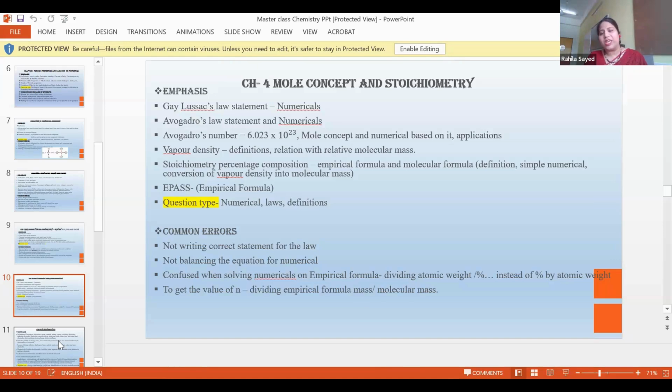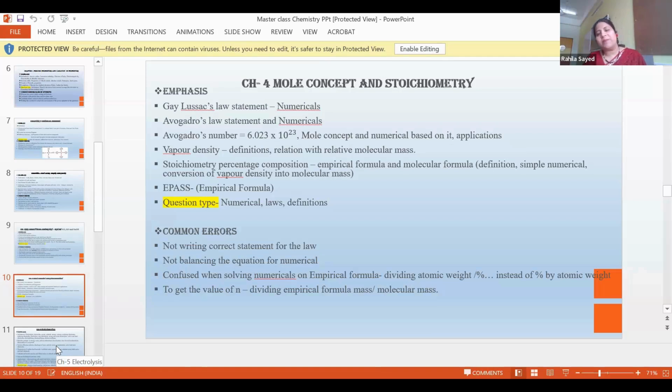E over here stands for the element, P stands for the percentage, A stands for the atomic mass, S is the smallest number, and the second S over here stands for the simplest ratio. So if you make the table in this format and you solve it, it will be very easy for you. Then the question type that is asked from this chapter is basically the numericals, laws, and definitions.